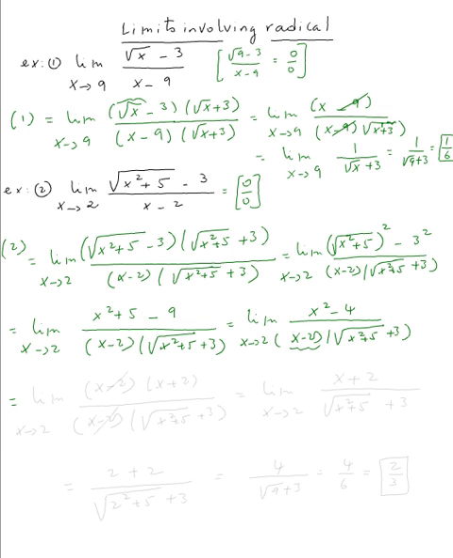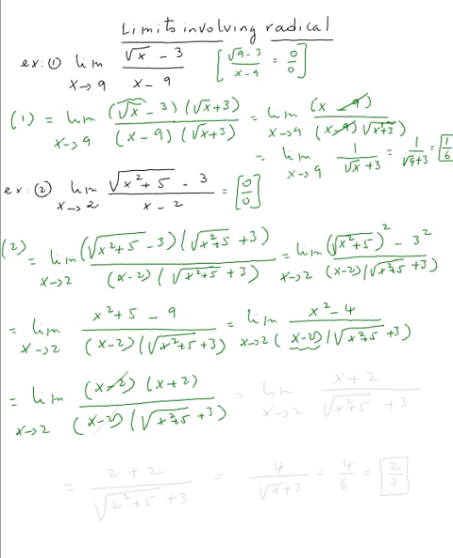If we factor the top, we get the limit of x minus 2 times x plus 2. The denominator is going to stay the same, square root of x squared plus 5 plus 3, as x approaches 2.